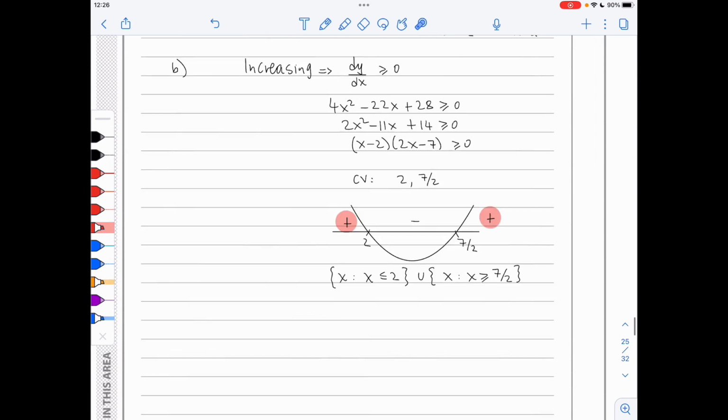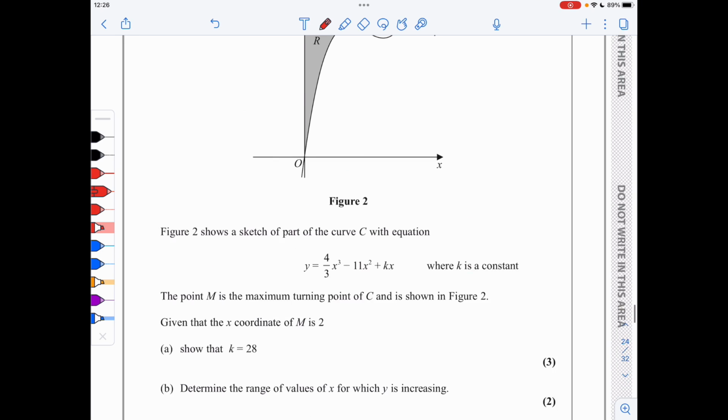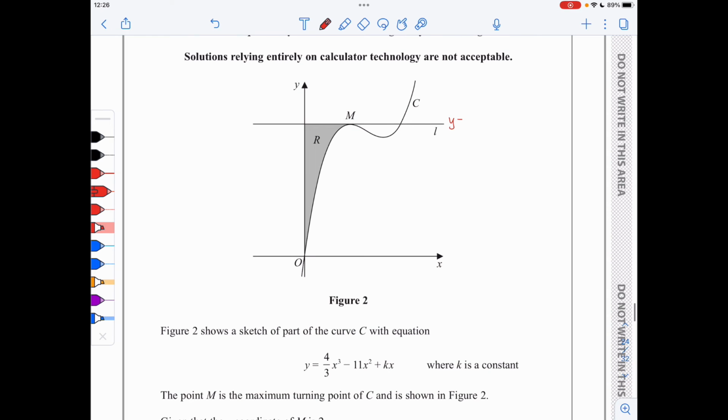So I start by saying that when x is 2, y is 4/3 times 2 cubed minus 11 times 2 plus 22 times 2, which gives a value of 68/3. So if I quickly go back to my diagram, this is the line y is 68/3.